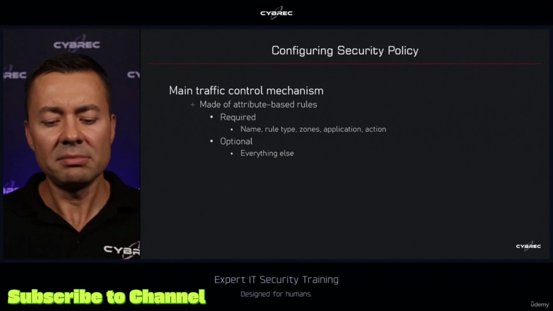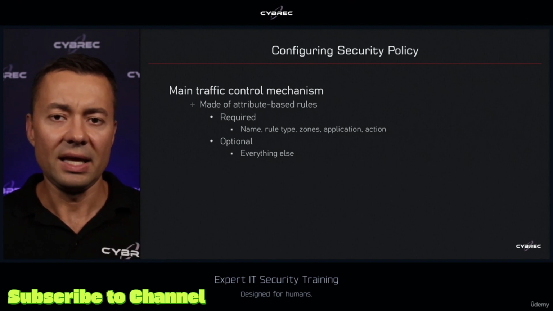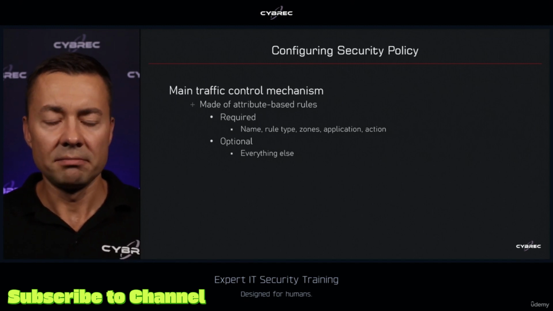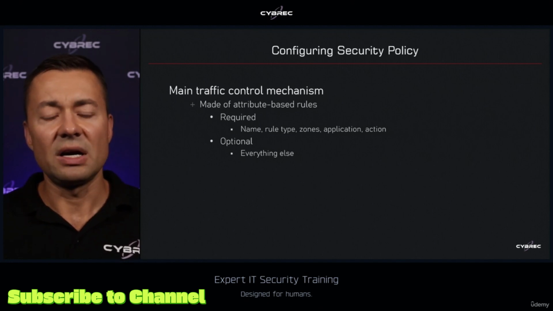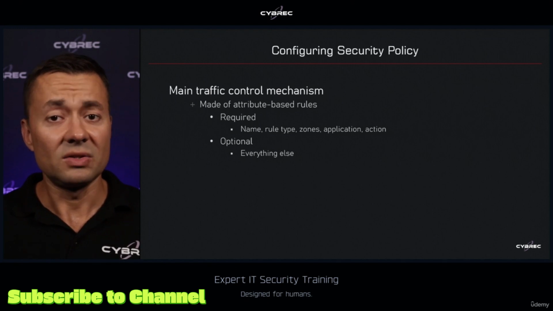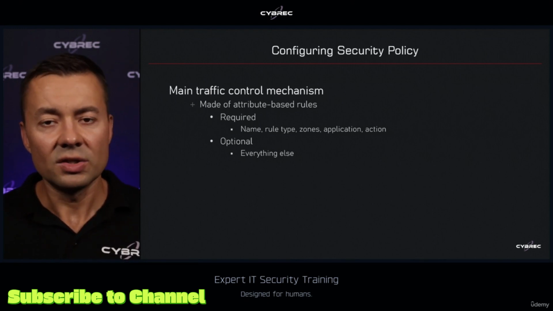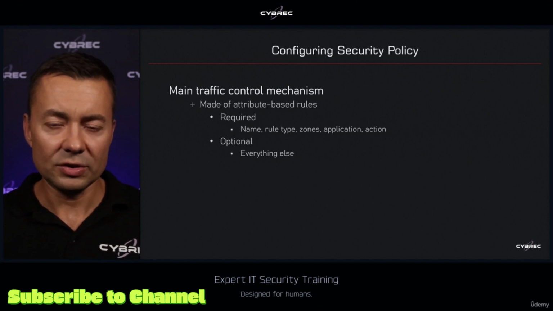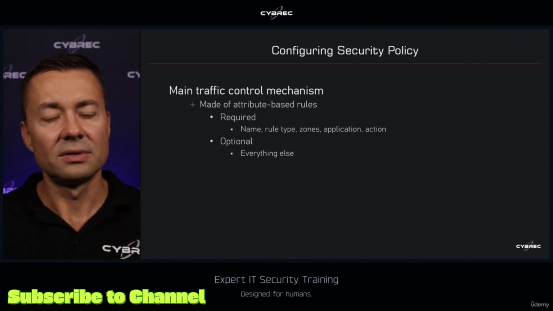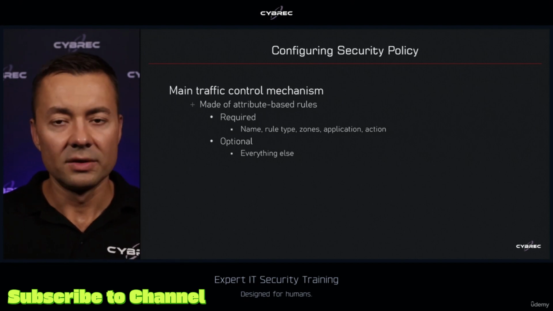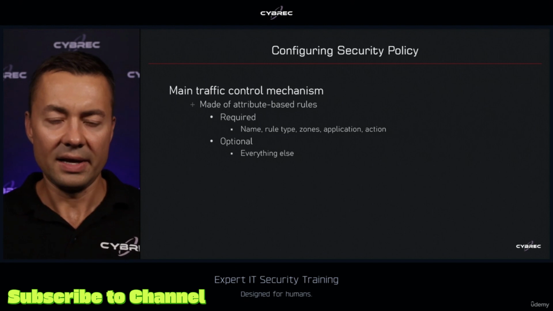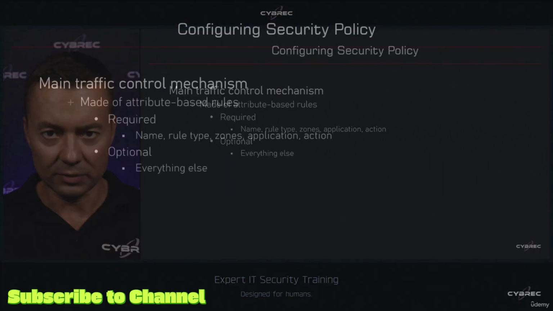But the rule name, type, zone, and action is what we need at minimum in every single security policy rule. Optional stuff is going to include elements like IP addresses, logging settings, security profile configuration, where we enforce other advanced inspection settings. So something that you don't have to configure when you define the rules.